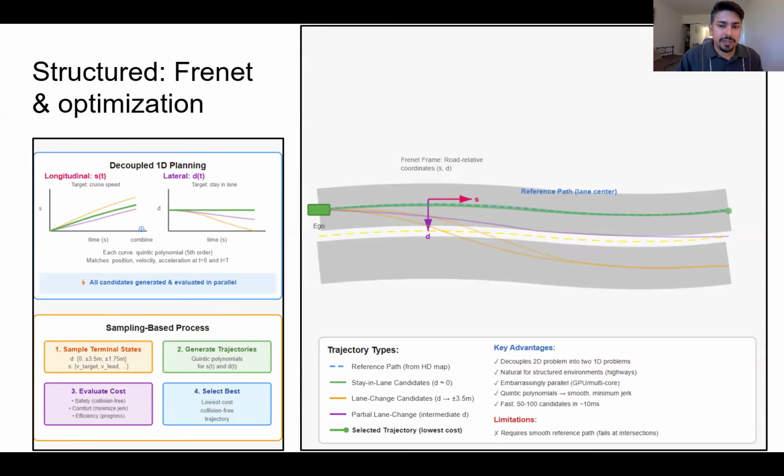And then there are different ways you can solve this problem. You can either do decoupled planning, where you're solving separately for lateral planning and for longitudinal planning. The longitudinal planning will give you speed and the lateral will give you steering. But you can also couple them into a single optimization problem.